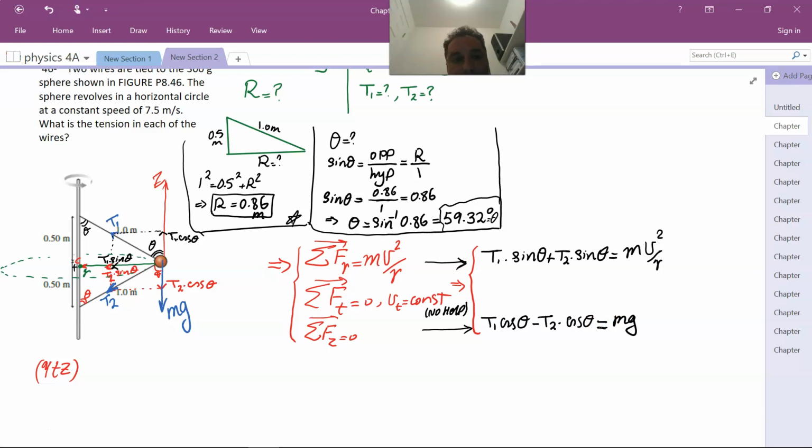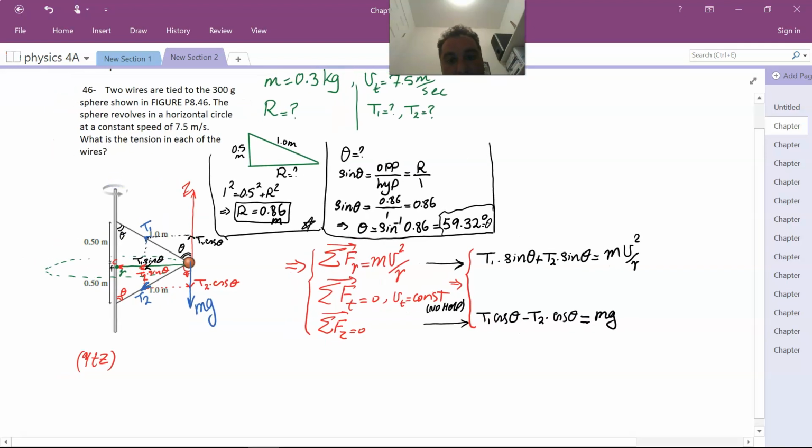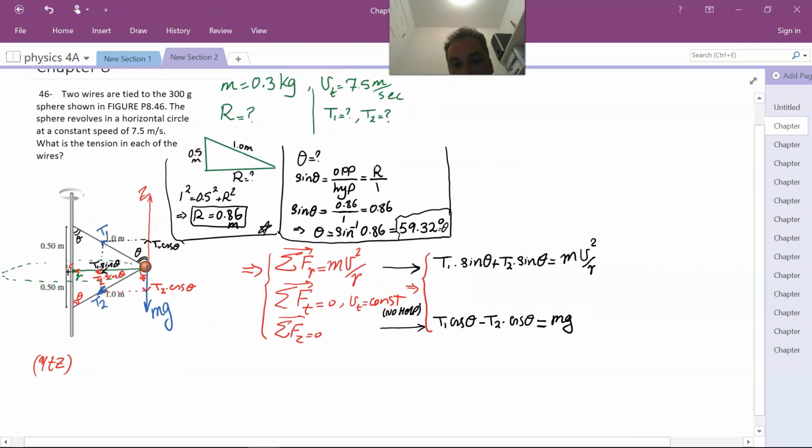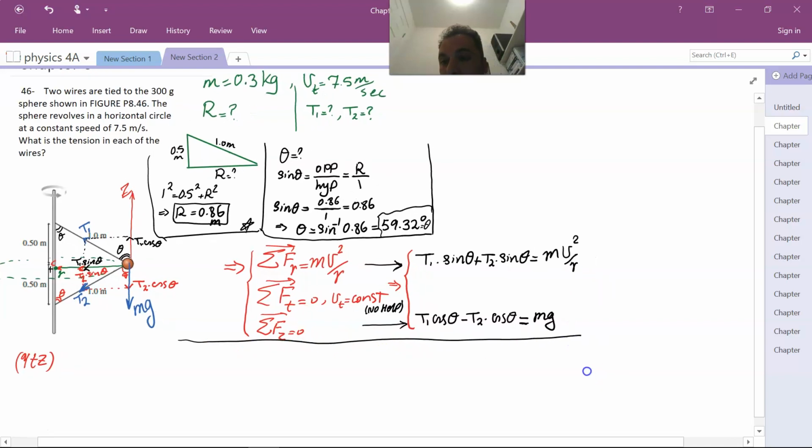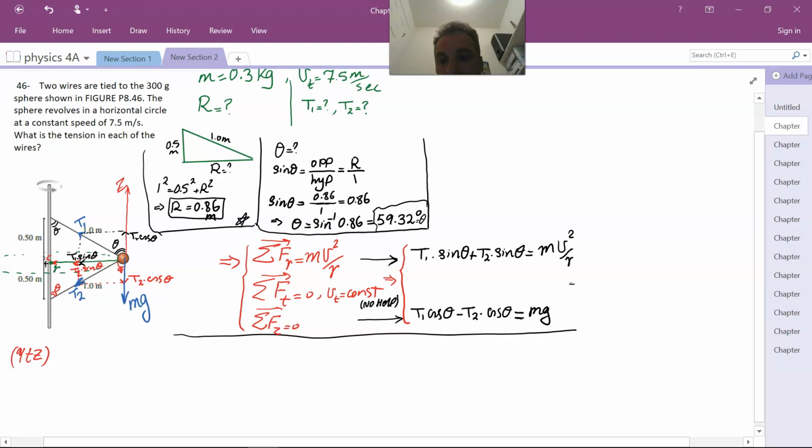Now guys, because I want everything to be on one page, I'll try. Now let's substitute. I can factor with sine theta, which is sine 59.32.